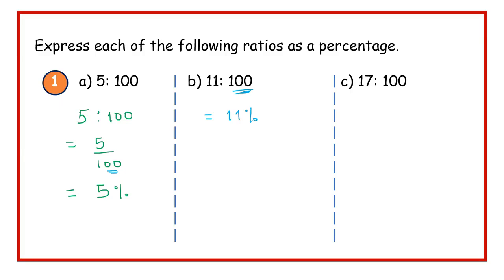And you see that the second part of the ratio, it is 100. Since it is 100, we say that we have got 17%. Okay? I hope that is very clear. So we say that something is a percentage when it is out of 100.